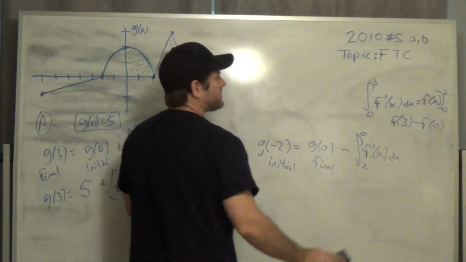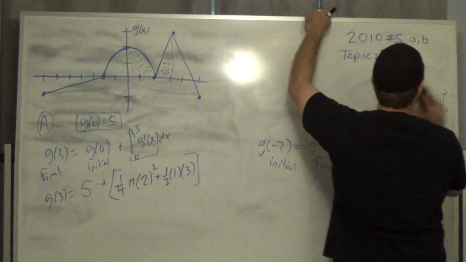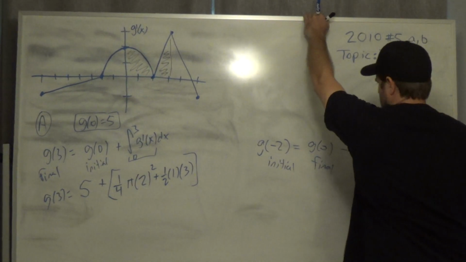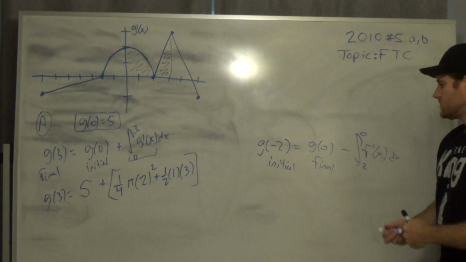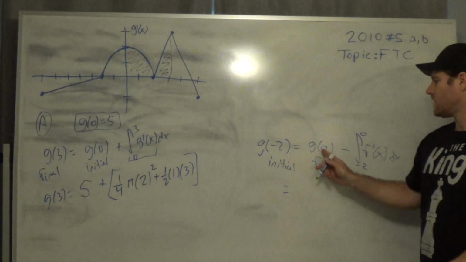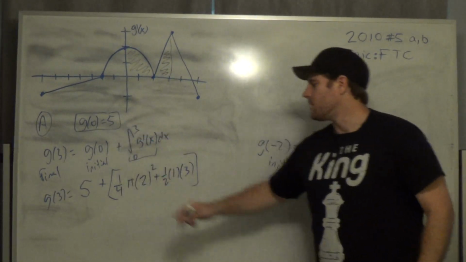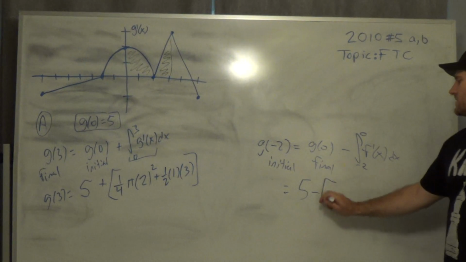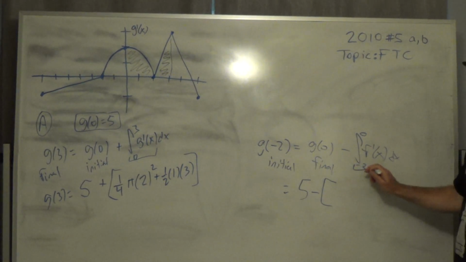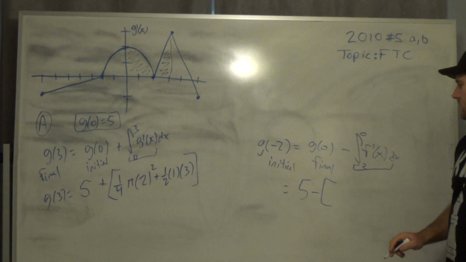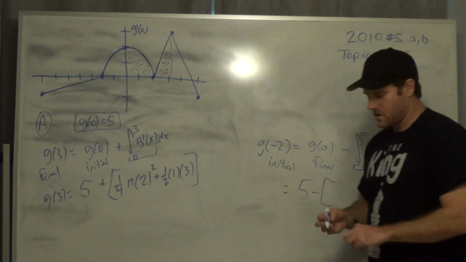All right. So how are we going to find this? Well, our answer begins with our final. Our final is 5. We know that. Minus the net change. The net change is simply what's the area from negative 2 to 0. Whoa, negative 2 to 0.